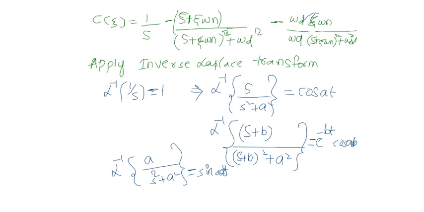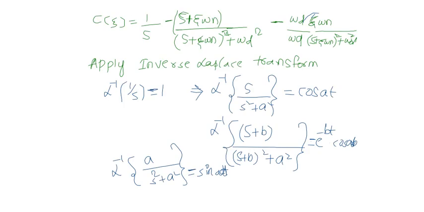Here the inverse Laplace transform of C of s is C of t. The inverse Laplace transform of 1 by s is 1. C of t equals 1 minus, and the inverse Laplace transform of s plus b by (s plus b) whole square plus a square equals e power minus bt into cos at. In place of b we are having zeta omega n, in place of a we are having omega d.